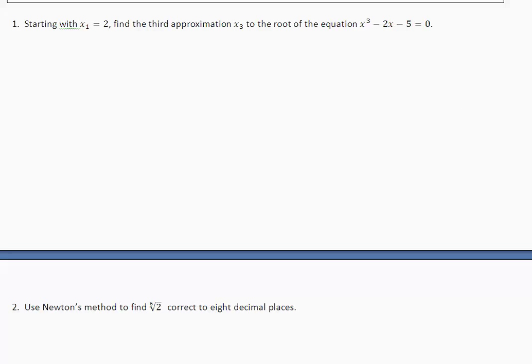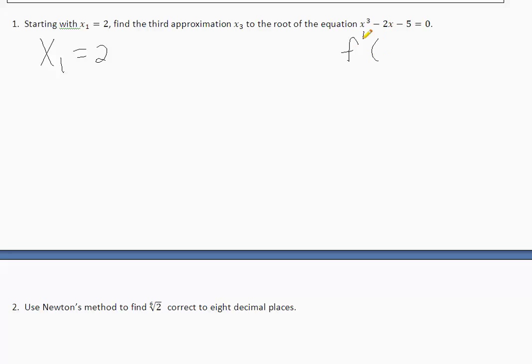Let me show you and do a problem. Starting with x1 equal to 2, find the third approximation, x3, to the root of the equation. This is saying, find the 0 of this equation that's near 2. So if x1 is 2, then you would start by finding x2. You're going to need the derivative.